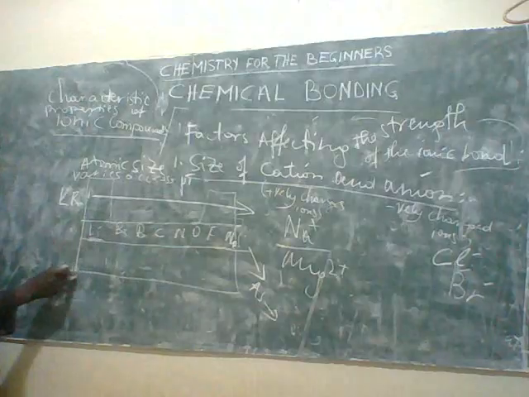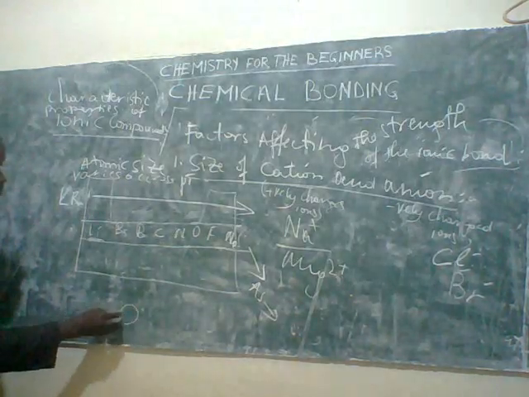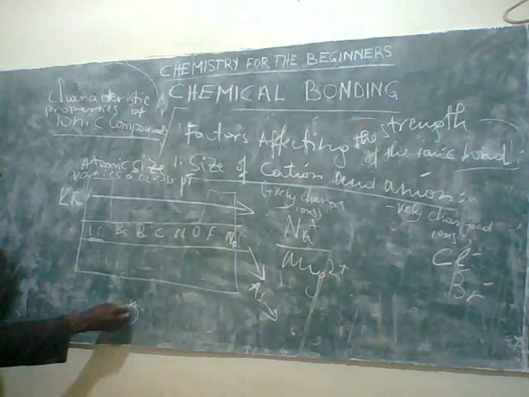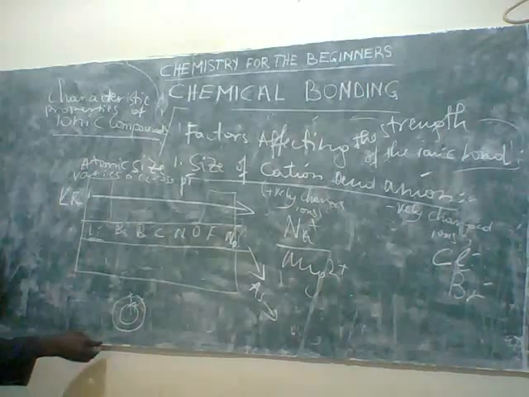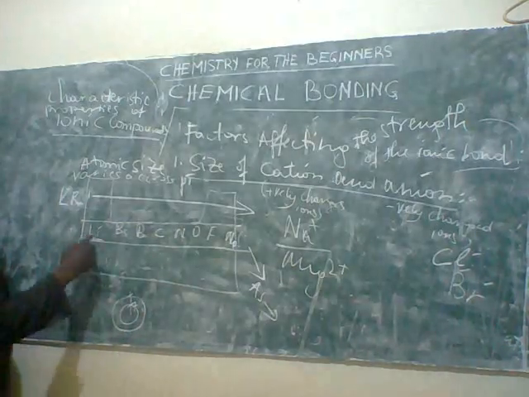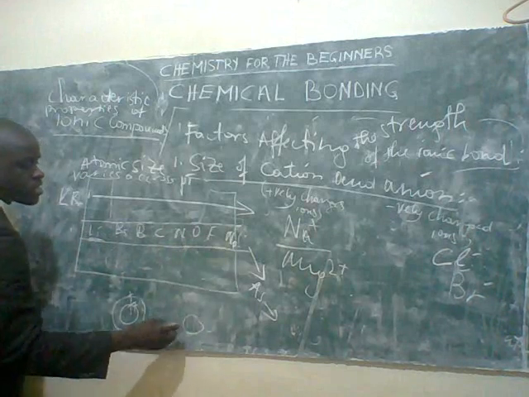For example, if I say electronic configuration of lithium, it has 3. Let us do the electronic configuration of neon. Neon, it has 10.